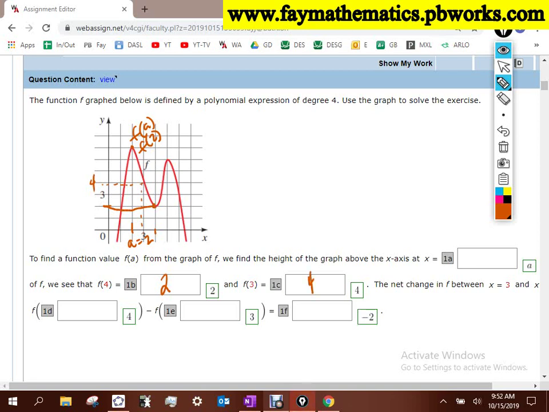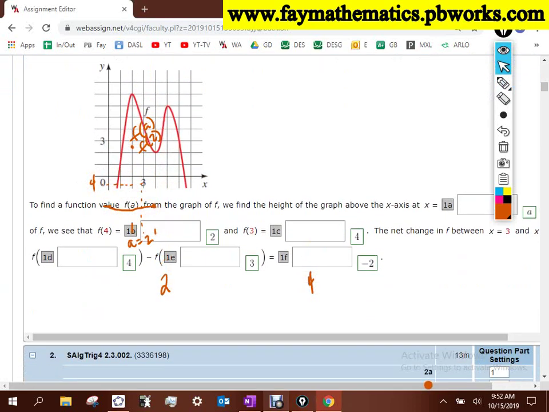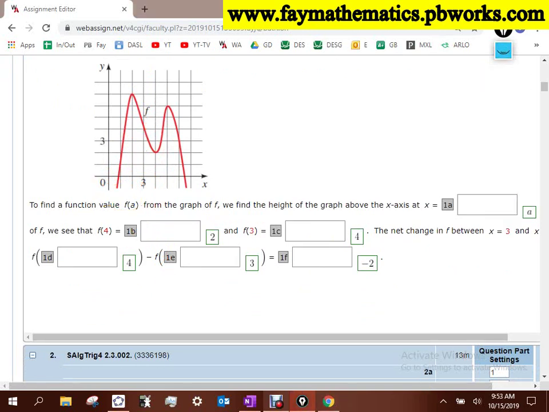It says the net change. What's net change? When we say net change, we're just talking about the change from one to the other, the difference between one and the other. The net change says x is 3 and x is 4.